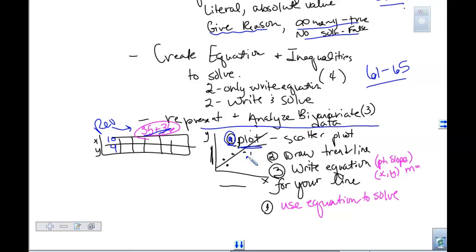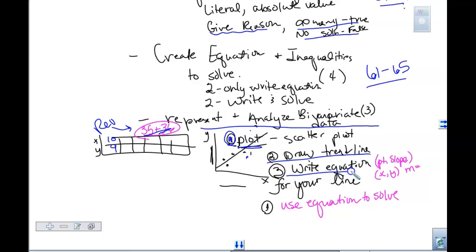You're going to put a point, right? You're going to make a scatter plot. So that's the first part of that. The second part, you have to draw a trend line. So your trend line should be half the data above and half the data below. Could it go through some data points? It definitely could. So again, if you look in your review, 35, 36, those are those 2 questions.